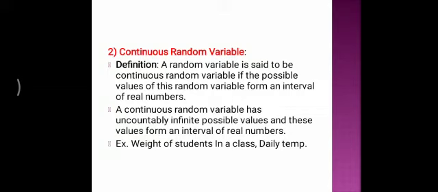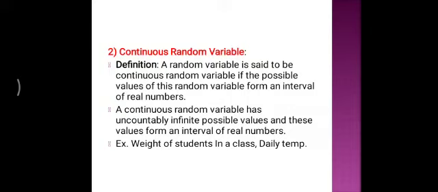This means we cannot say a fixed number, but it will be in one interval. Suppose the height of trees is 2 to 3 meters, in an interval of 2 to 3 meters. That is your continuous random variable.